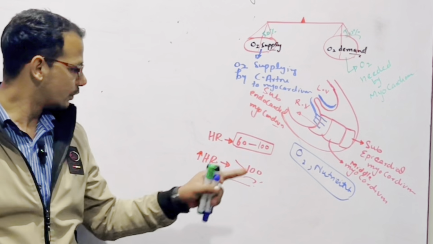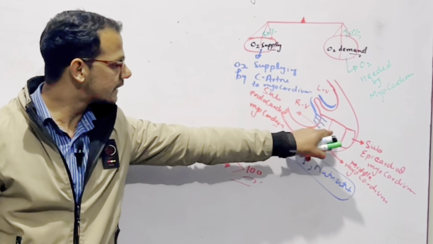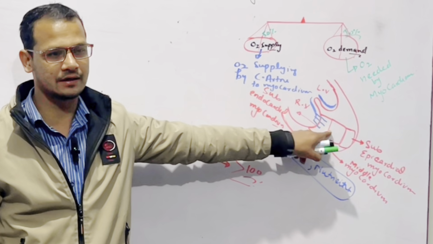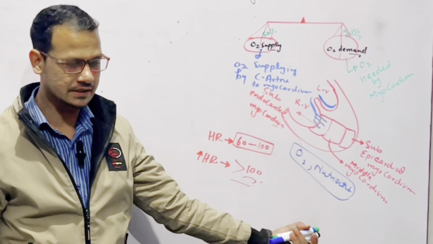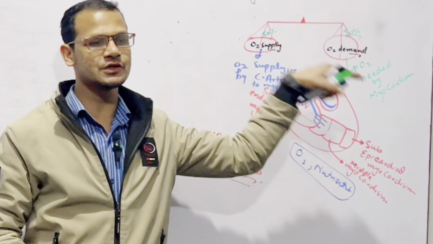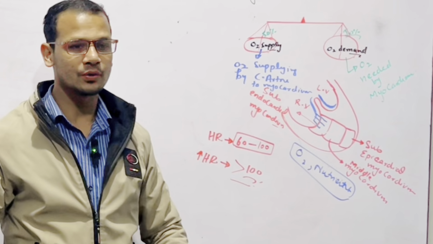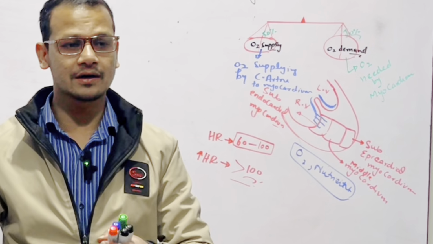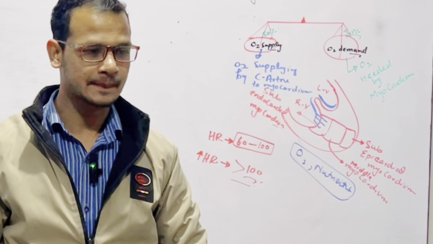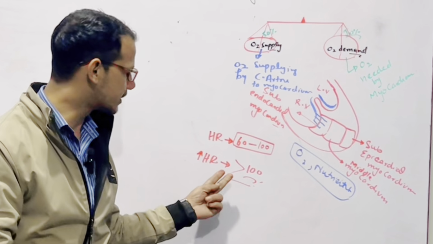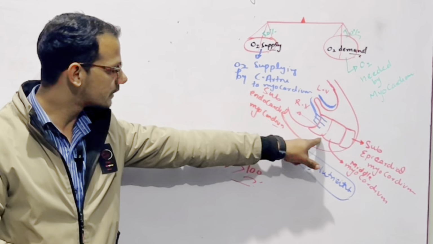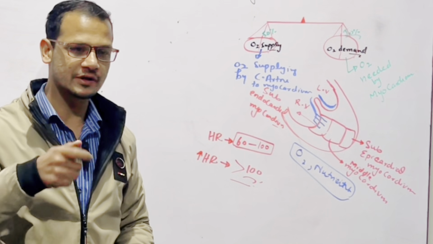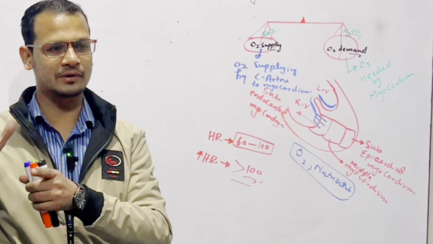Due to this tachycardia, the heart muscles now need more oxygen as compared to the resting state. Oxygen demand increases, so oxygen supply also increases. When we are exercising, our breathing rate also increases due to this demand. If the heart muscles require more oxygen, the respiratory system supplies more oxygen to the blood, and the blood supplies more oxygen to the heart muscles.